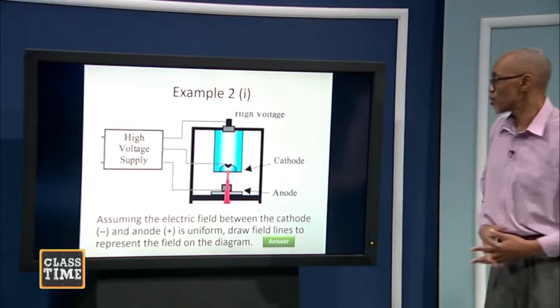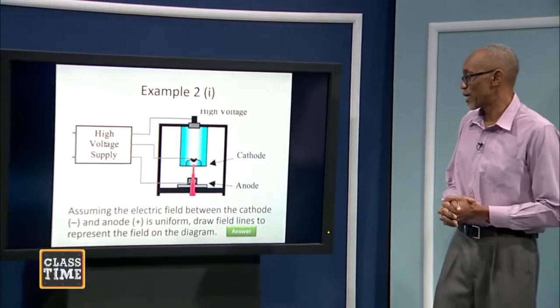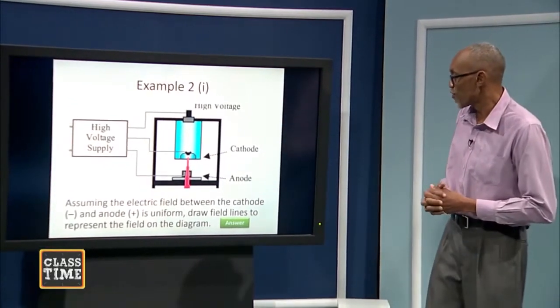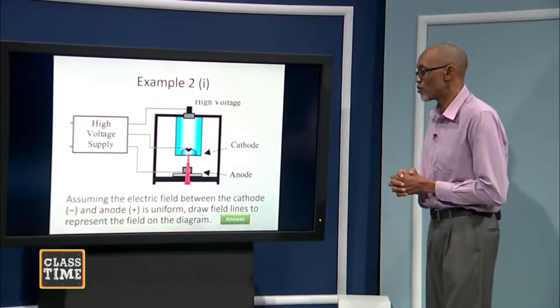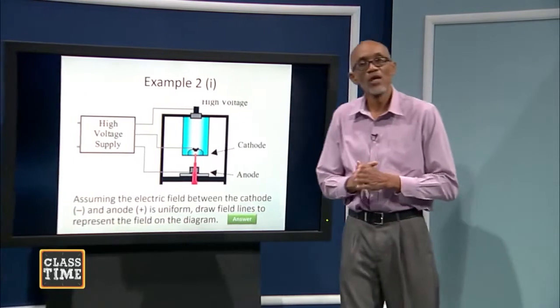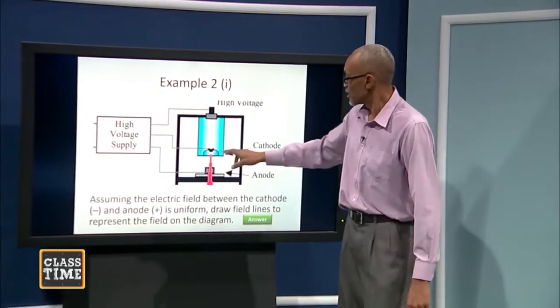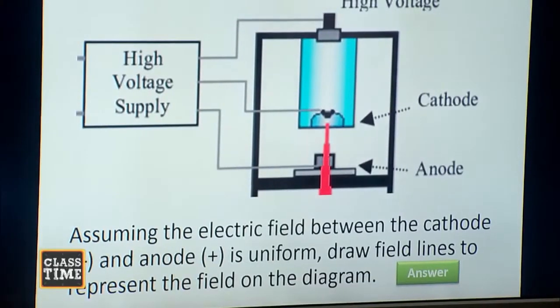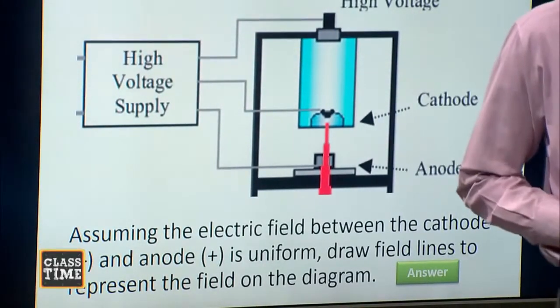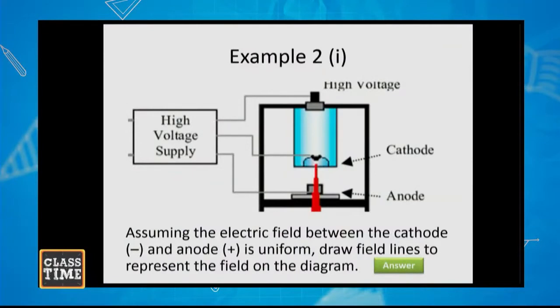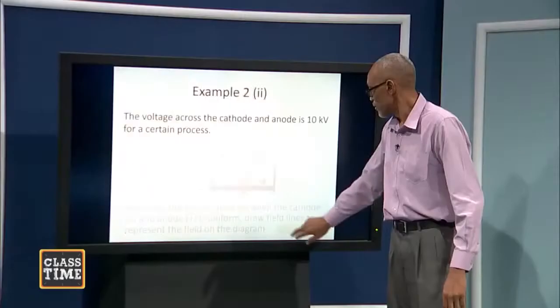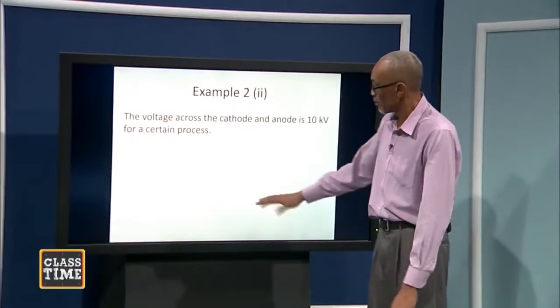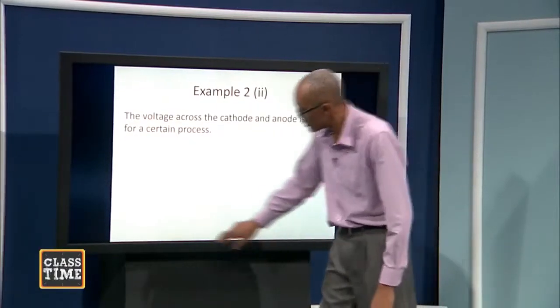All right, so assuming the electric field between the cathode and anode is uniform, draw field lines to represent the field on the diagram. So you can think about if this is negative and this is positive, then remember the field goes from positive towards negative, all right? And so the field in this case would be upwards, all right?